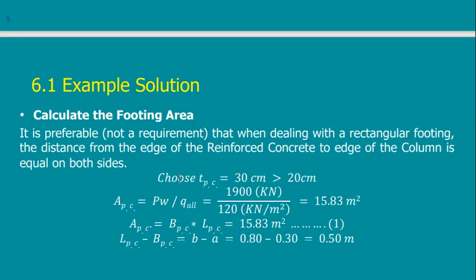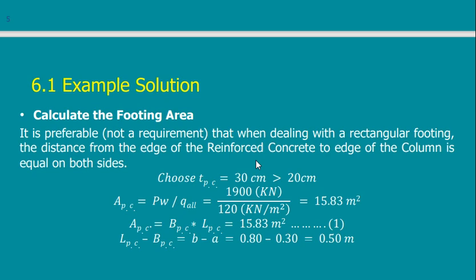So first thing, we are going to choose TPC to be 30 centimeter. So it is more than 20, so it is working. This will be the first thing I calculate, which is the dimension of the footing.